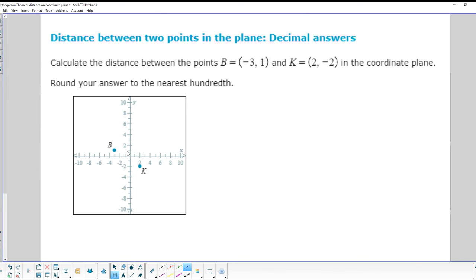They actually give you a couple of points, and it might be a little hard to just kind of count your way over and read them. So what you can say is, well, from this point, I got to go over from -3 over to +2. So it'll go from -3 to +2. That distance in the x direction is 5.